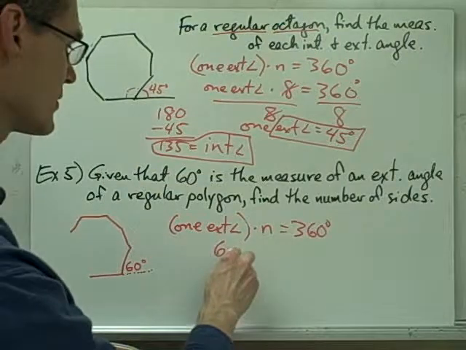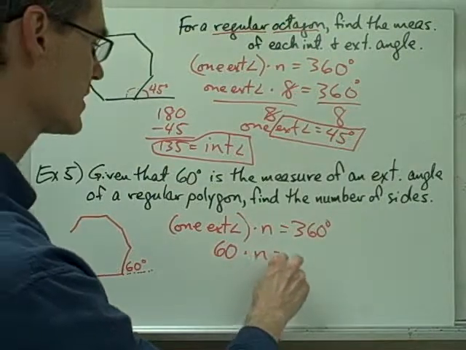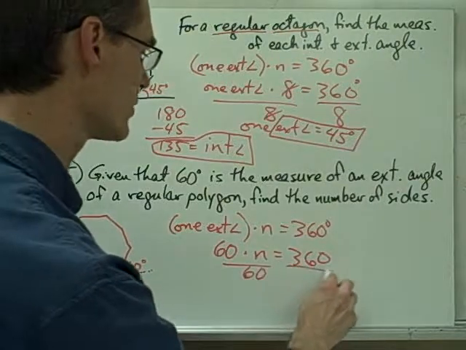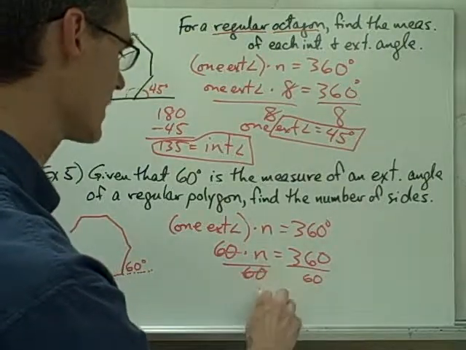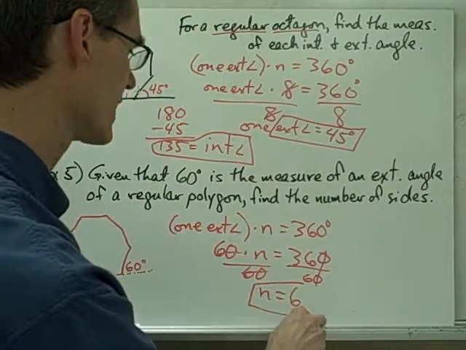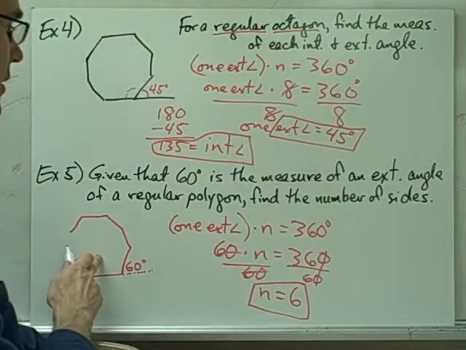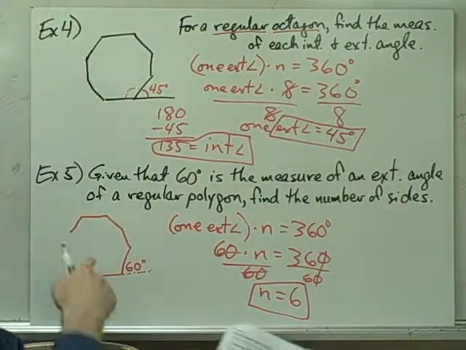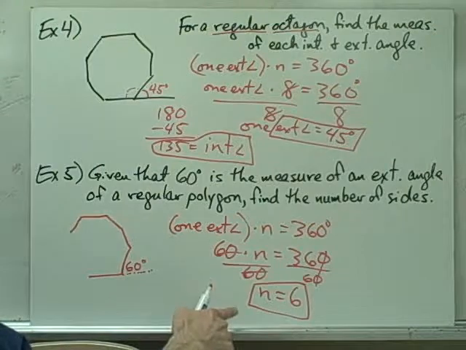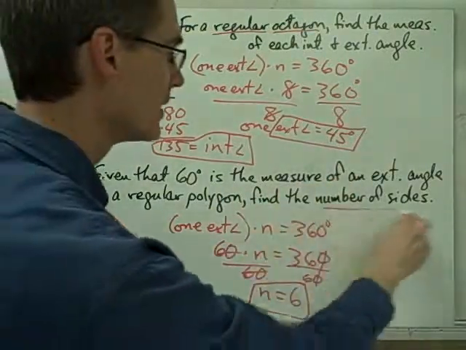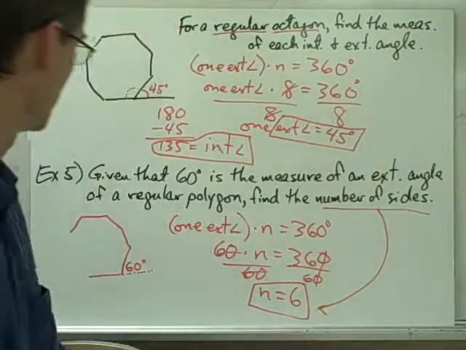It's 60 degrees. So 60 times n equals 360. I can divide both sides by 60, and I get n equals 6, which means I must have a 6-sided regular polygon, or a regular hexagon. So just given the measure of an exterior angle, I was able to find the number of sides in the polygon.